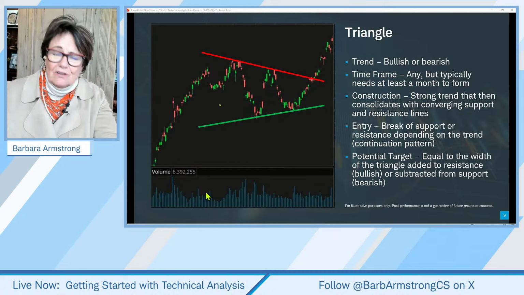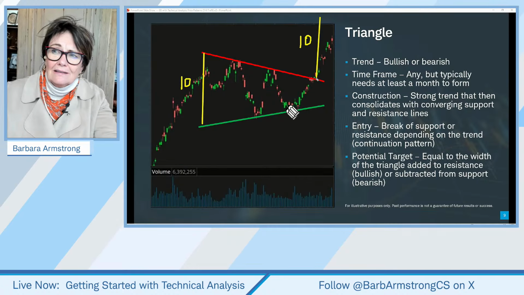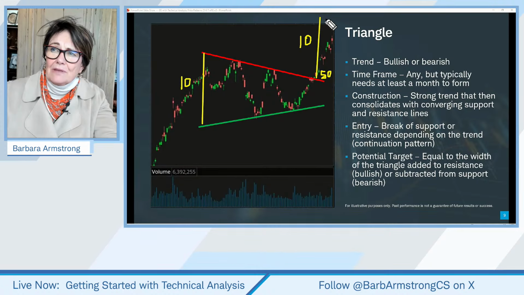Let me just change my drawing tool. Like if this is about $10 wide, then when this breaks out, I'd expect a move about the same to the upside. And that might be where I put my target. So if it broke out here at 50, the target might be up here at 60.